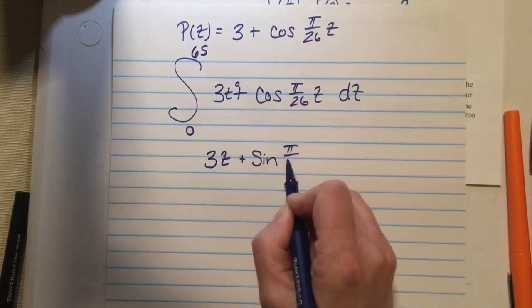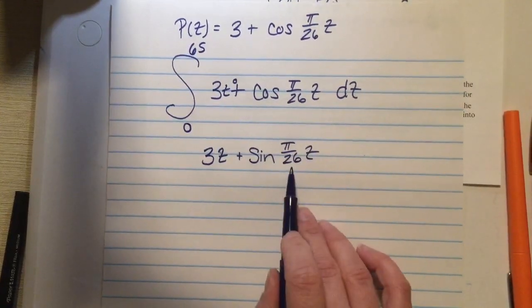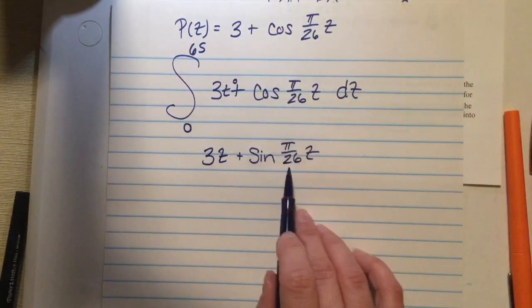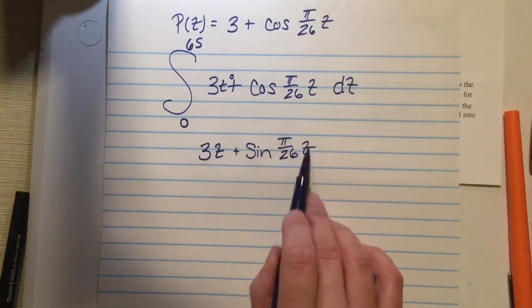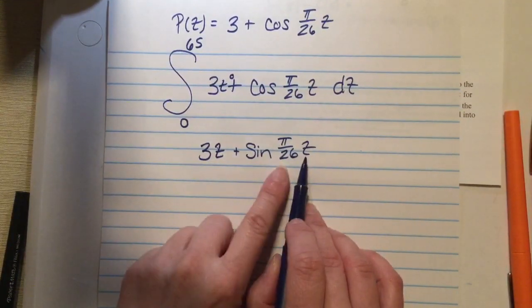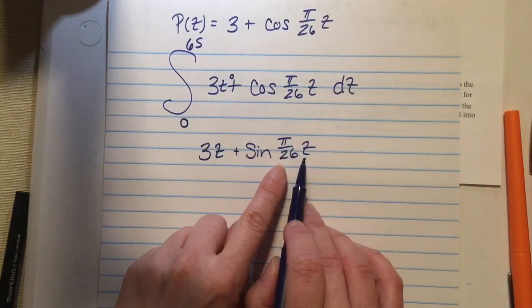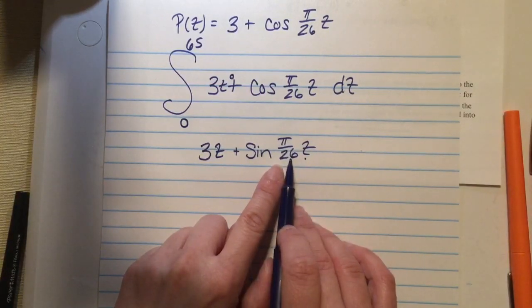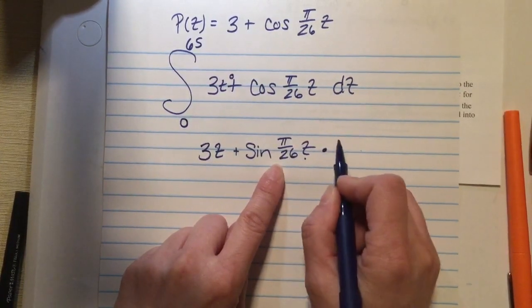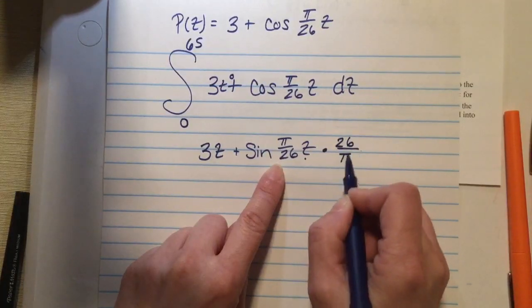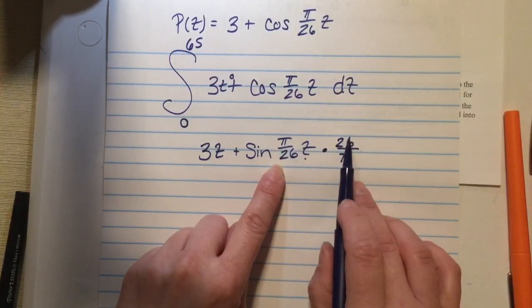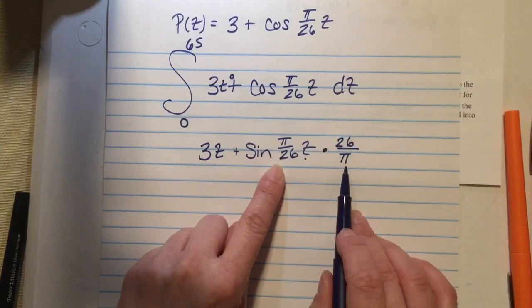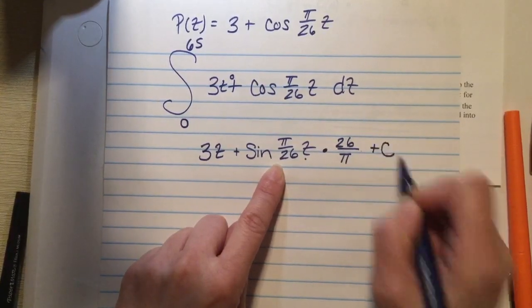I'm keeping pi over 26t the same. This is more than just a t, so you have to take whatever this derivative is and divide by it. Well, the derivative is pi over 26. If you divide by a fraction, that's the same as multiplying by the reciprocal, which would flip and make the 26 go over pi, plus c.